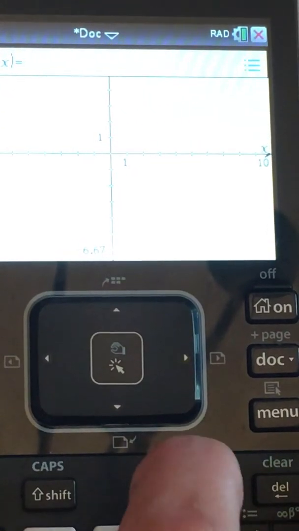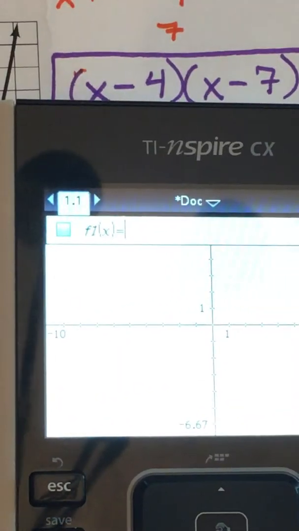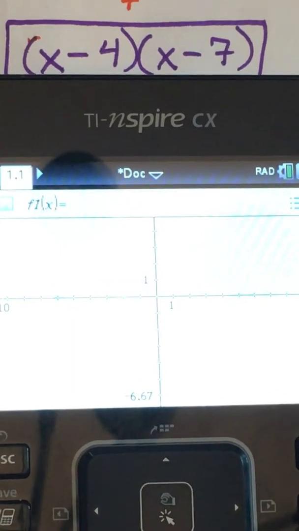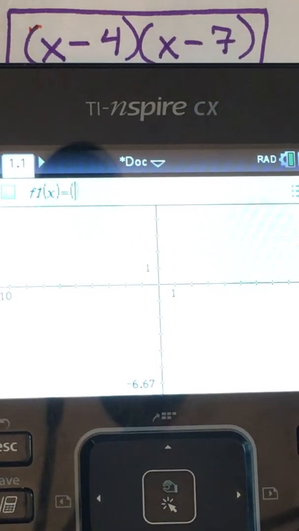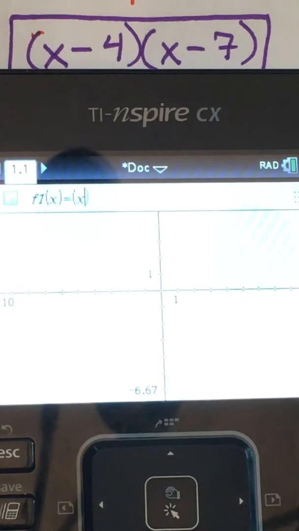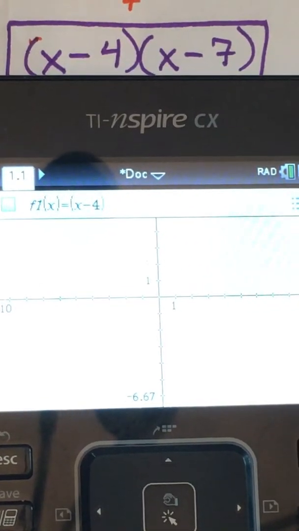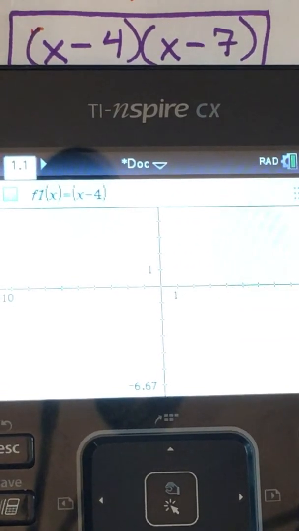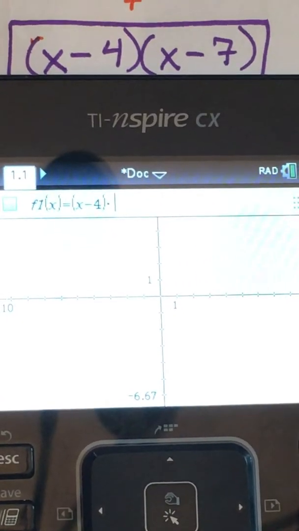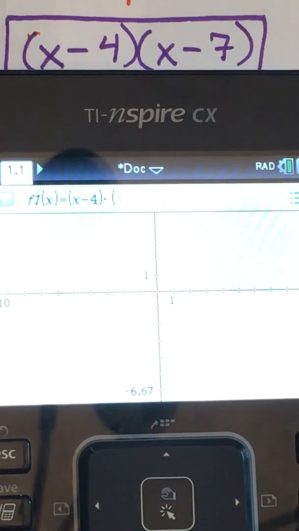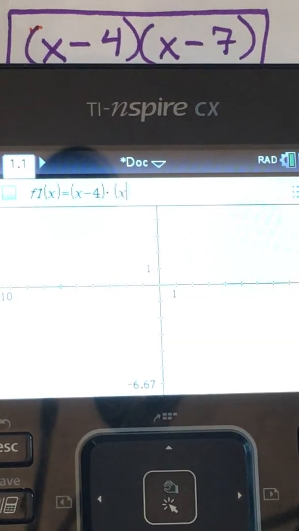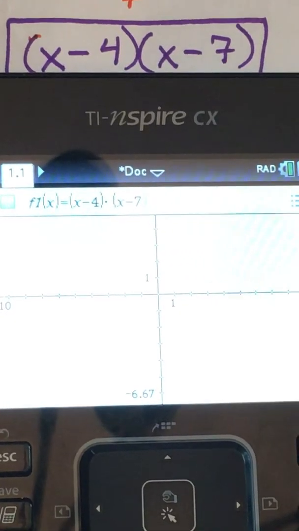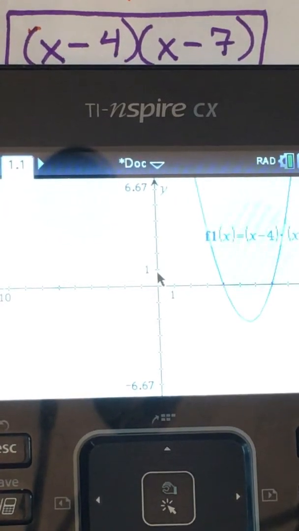So let's put in these two purple binomials. Let's type them in. Use your parentheses. You must use your parentheses. So parentheses, x minus 4, close your parentheses, times, reopen a new set of parentheses, x minus 7. Push enter. There's your graph.